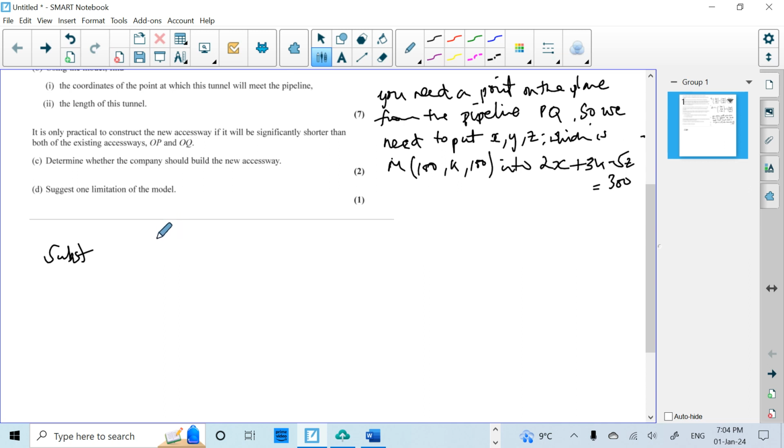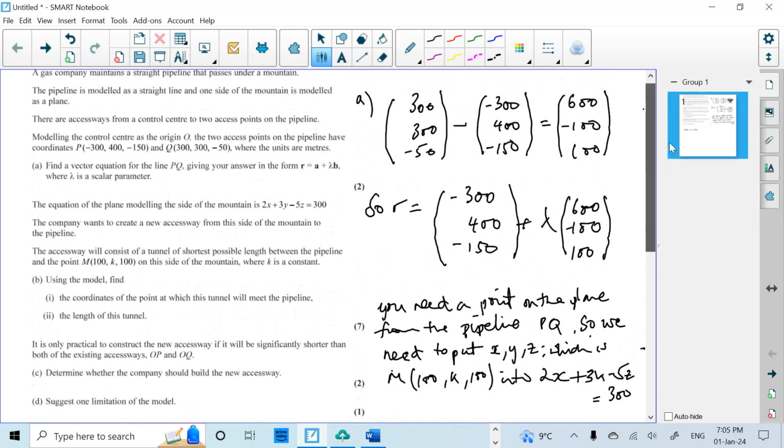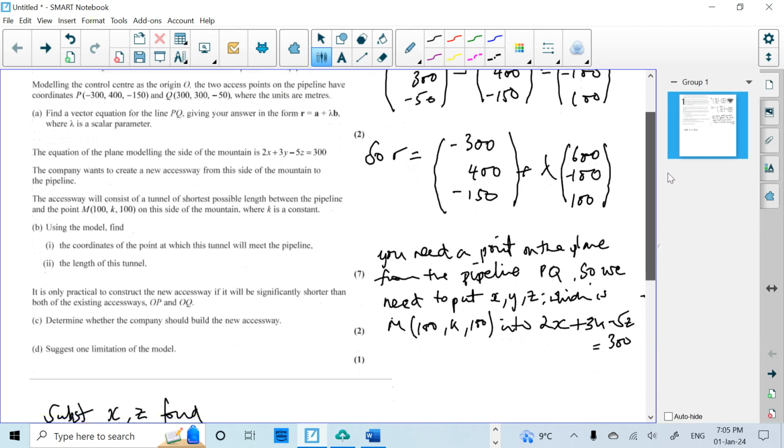So I'm going to substitute x and z, and y I would leave as k. So substitute x and z found from, of course, that's 600, minus 100, and 100.